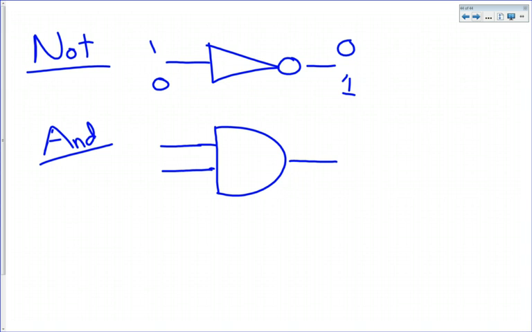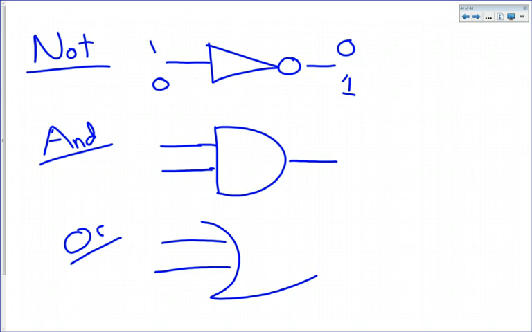And then the OR gate has been described as the rocket ship. The way it looks is sort of like that, okay? Have any of you who took electronics ever seen these symbols before? Because that's what they are. They are the AND, the OR, and the NOT gate. Okay, see how good you guys are.